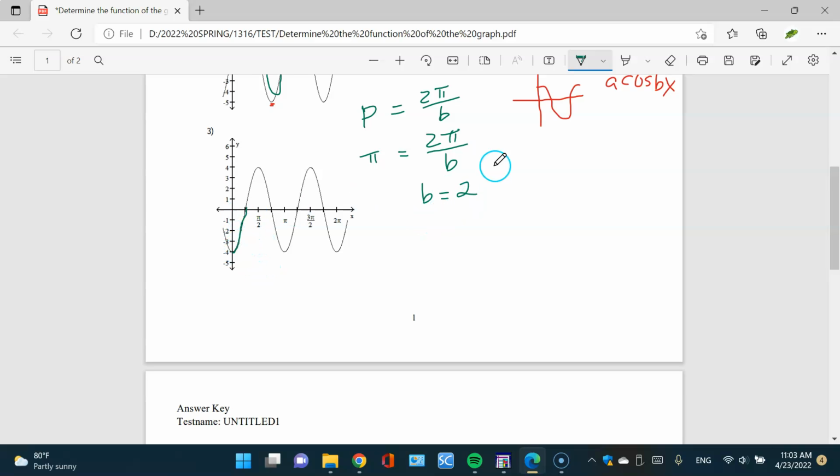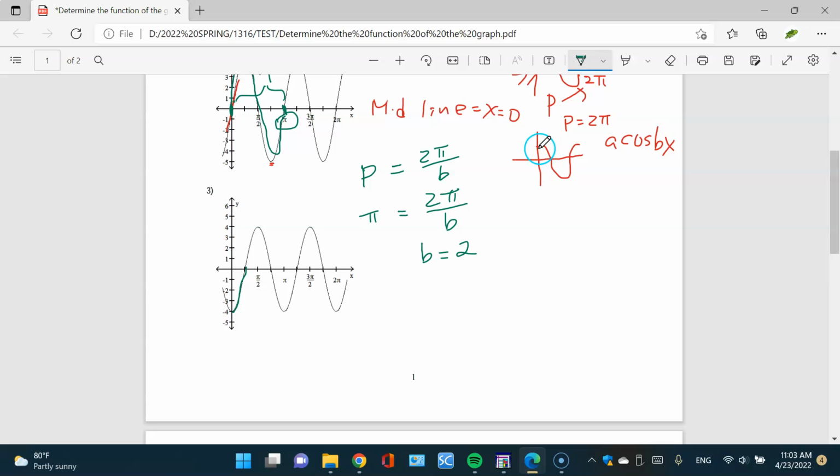The standard cosine function should begin with a curve at the positive y, pass through the x-axis, and then go back to the positive y to complete the one rotation or one cycle. But this one is upside down. So we know this is a negative cosine function. So I put down the negative sign here, cosine.